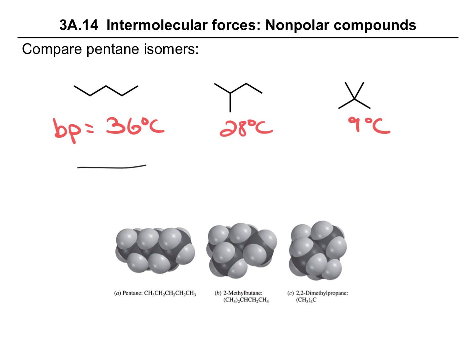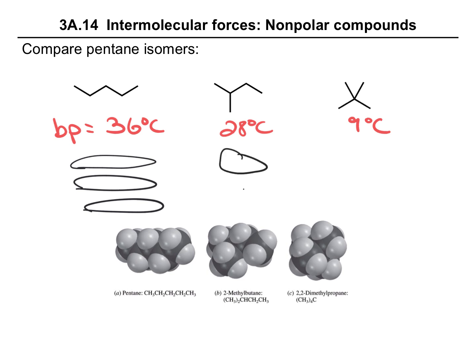What we're looking at with pentane is this. With the 2-methylbutane, it's going to be a blob kind of like this. And with the 2,2-dimethylpropane, we have blobs like this. So with our induced dipole interactions, we have a little bit possible here, we have more here, and we have even more here.